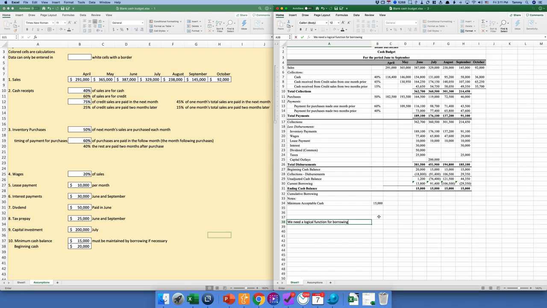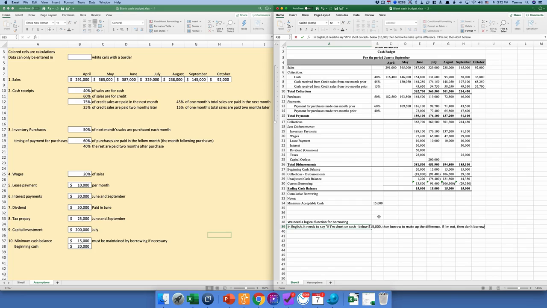Okay, in English, it needs to say, if I'm short on cash below 15,000, then borrow to make up the difference. Otherwise, if I'm not, then don't borrow.